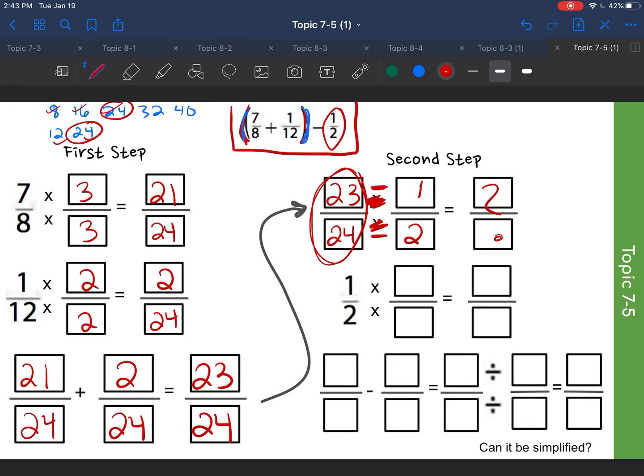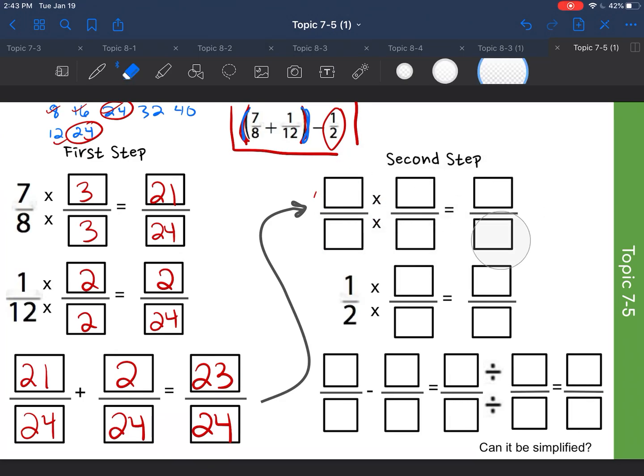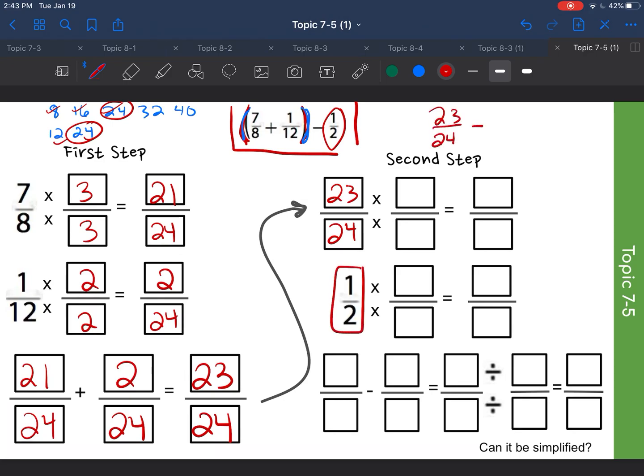Okay, so what we are going to do, we have 23/24. All right, so now we have a new problem. We are doing 23/24 minus this guy, 1/2.